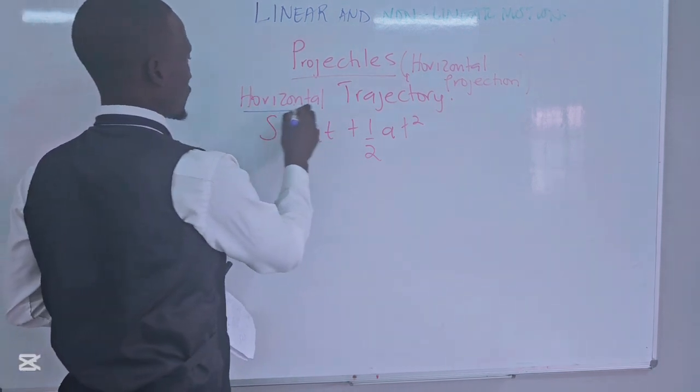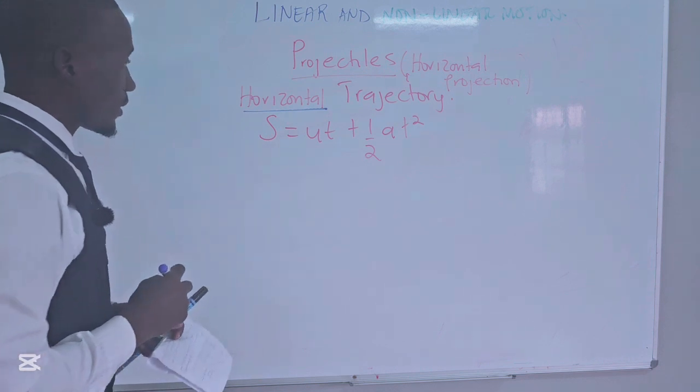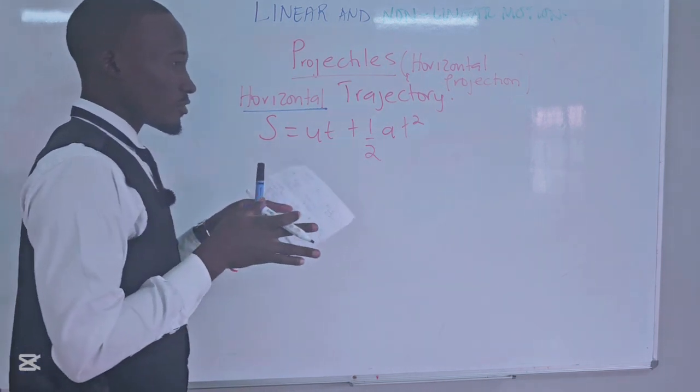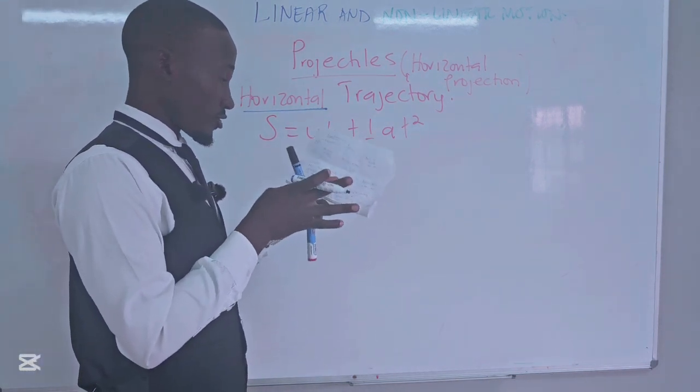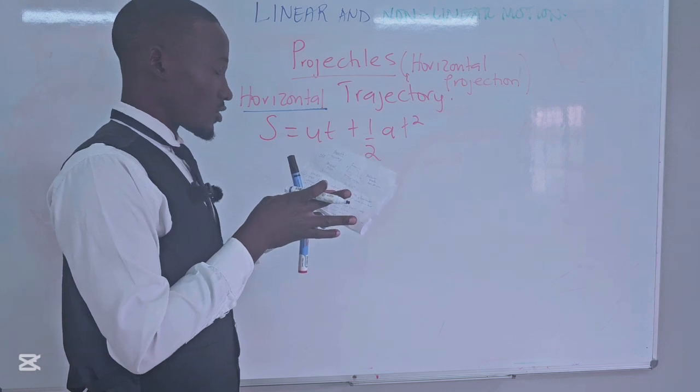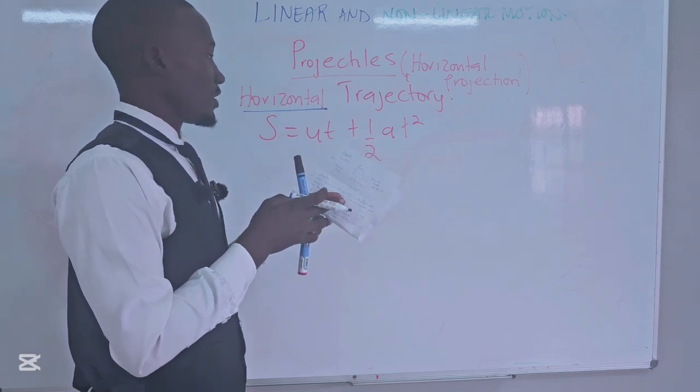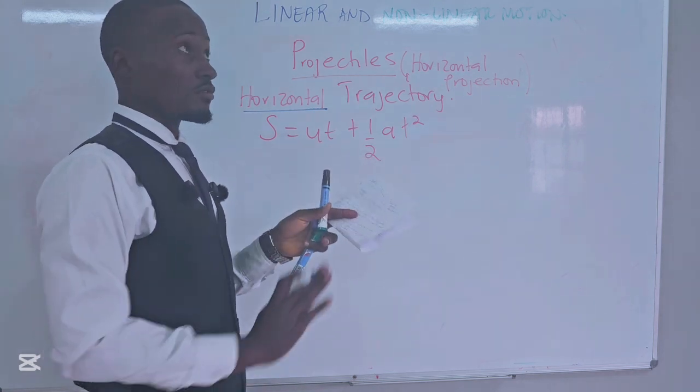So for a horizontal motion, since it has been projected horizontally, it is not going to have any initial velocity in the vertical.